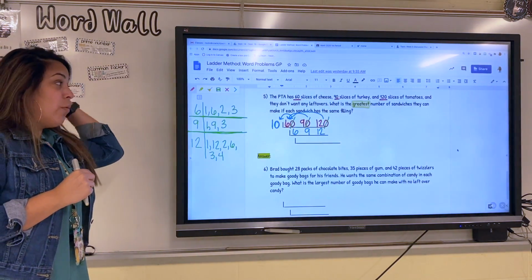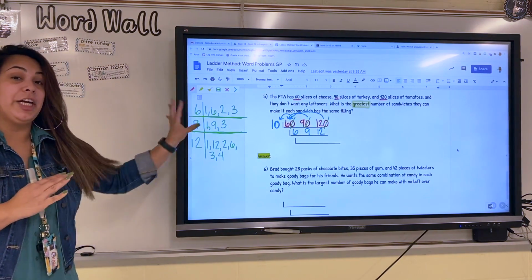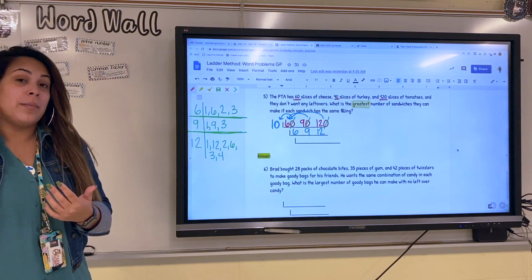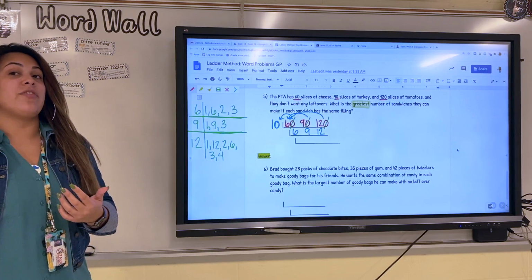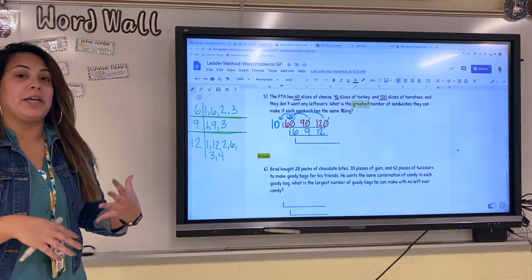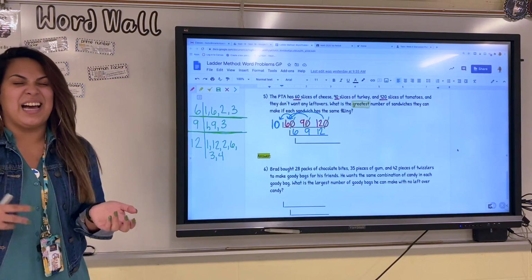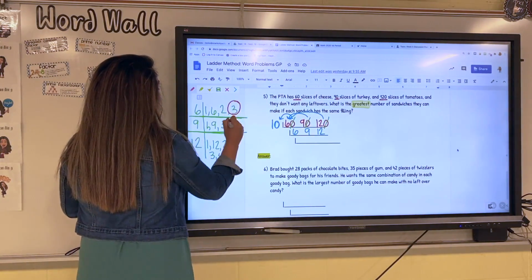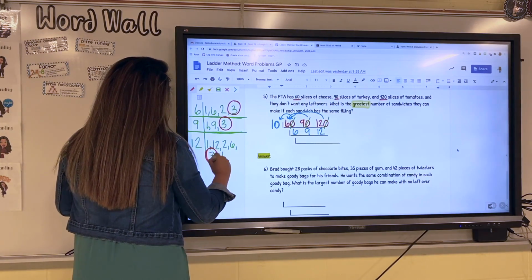So now I want to go in here and find the factor that they have in common besides number 1. Now, if they only had 1 in common, then I would be done. But I just want to check and make sure that they have another number in common besides the number 1. And they do. We have the number 3 in common.